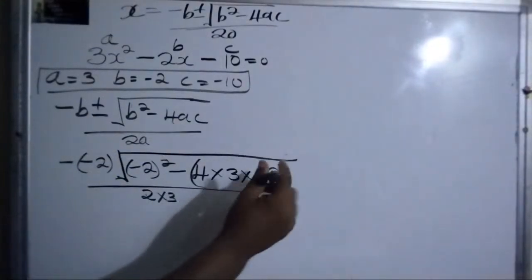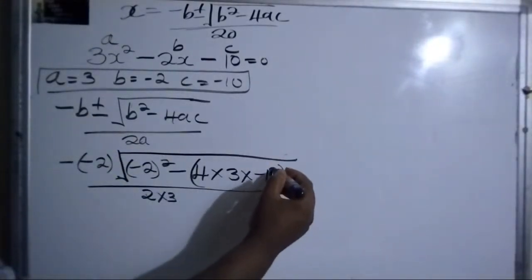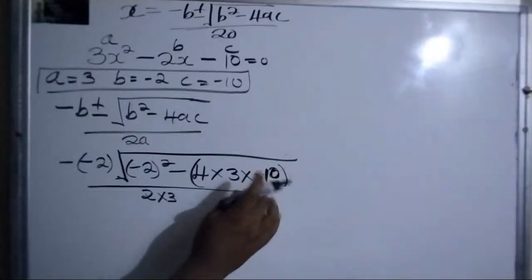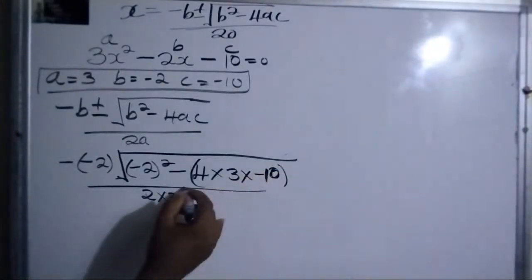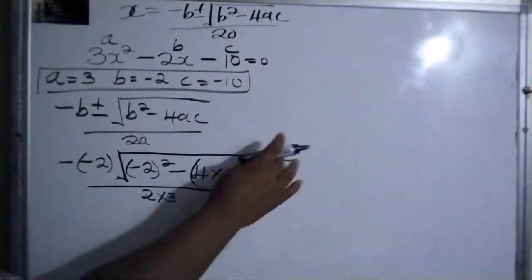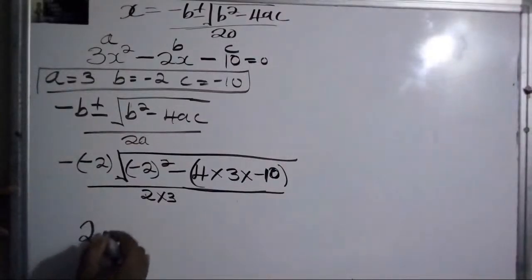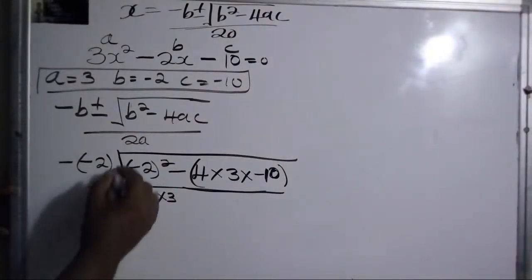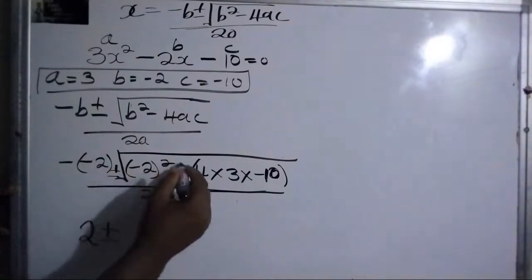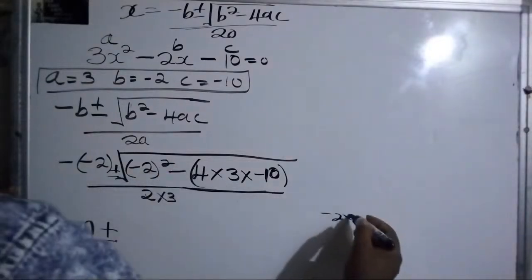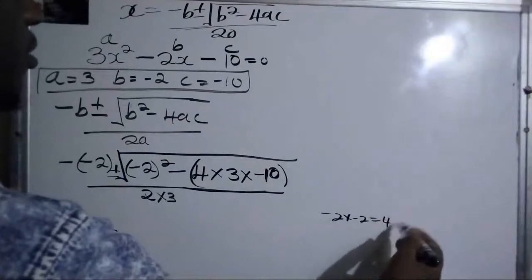Now we can do a little calculation. So the math's not started, guys. Put this in brackets so you don't get mixed up. Work out that part first. Alright, let's go. Negative times a negative gives us positive. So this becomes positive 2 plus or minus. Negative 2 times negative 2 would give us positive 4.